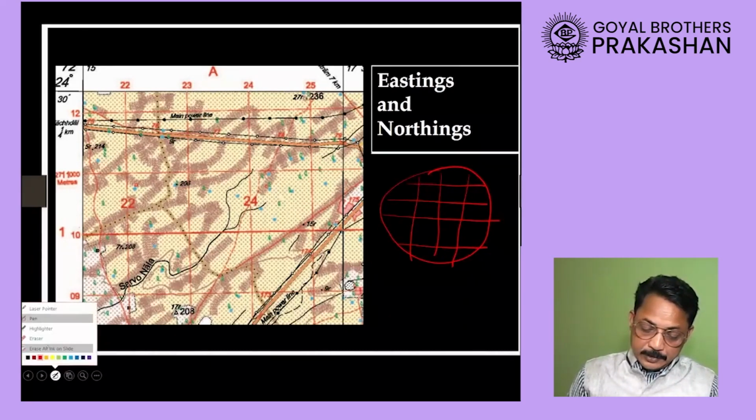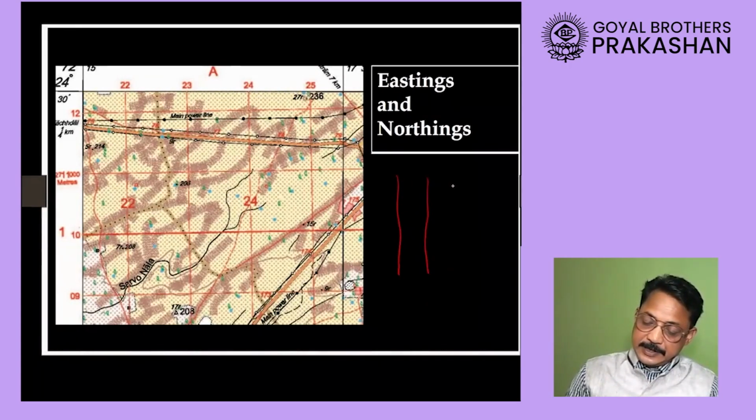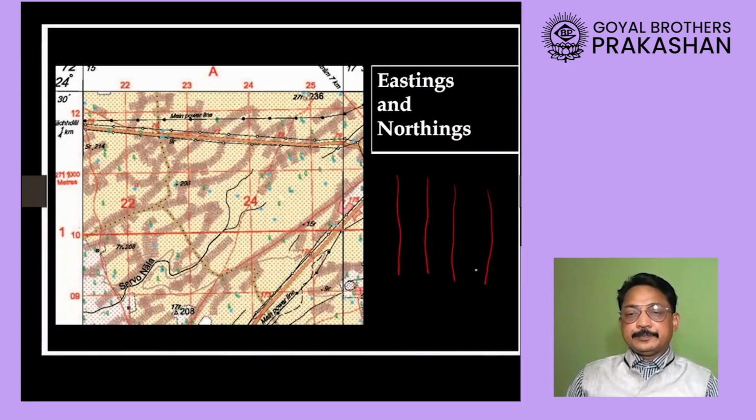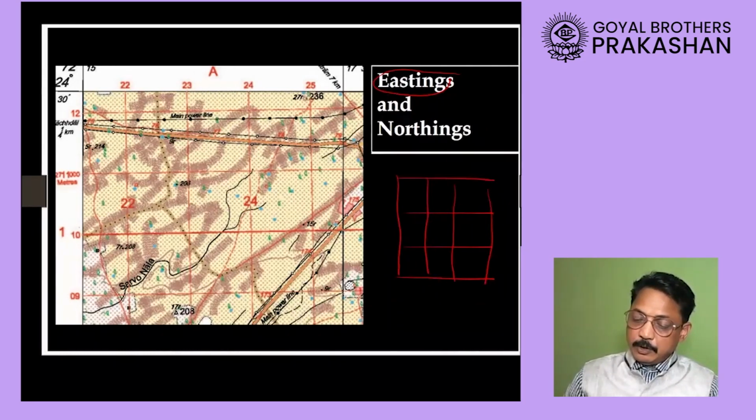Similarly, in a topography map, we draw some vertical lines. Remember, these vertical lines on a topography map are not the longitudes. We call these vertical lines by the name eastings. And the horizontal lines that we draw on a topography map, we call them by the name northings.